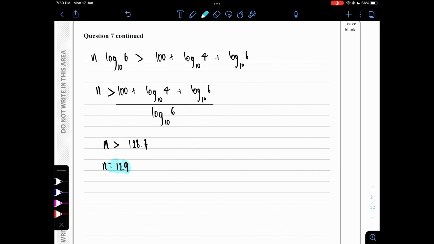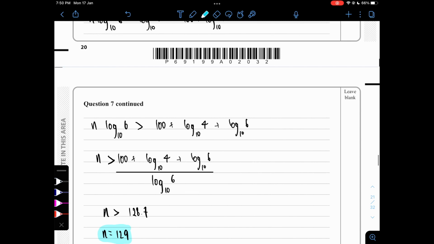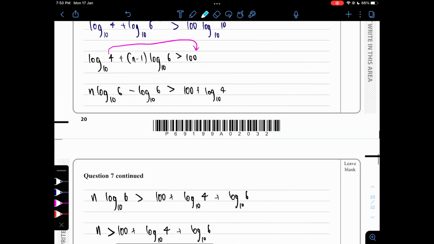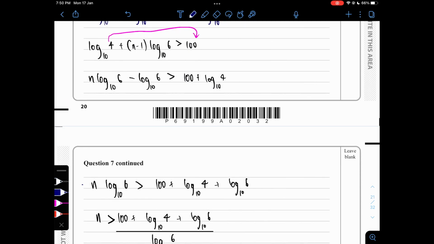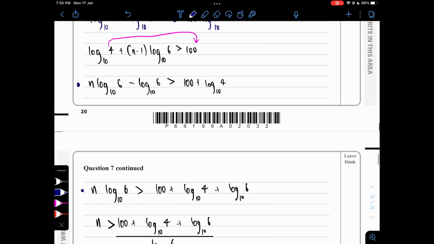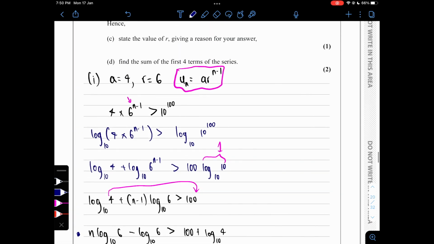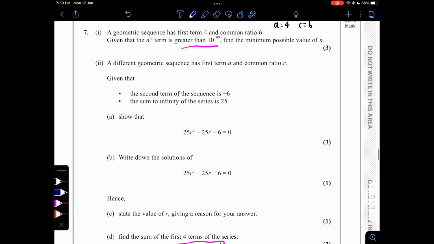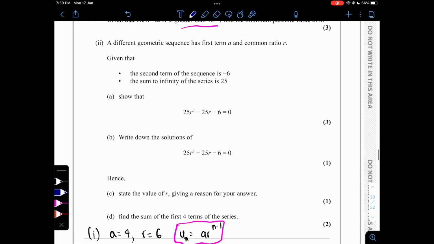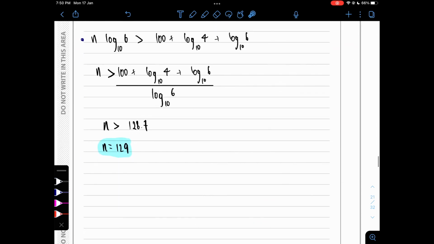So it's all working out, but it's necessary working out. Maybe not repeating them all together. You can just do this step and this step in one go if you want to, but there are necessary steps to understand what's going on. So that was part I, even though it's 3 marks. So we get n, and we highlighted it.